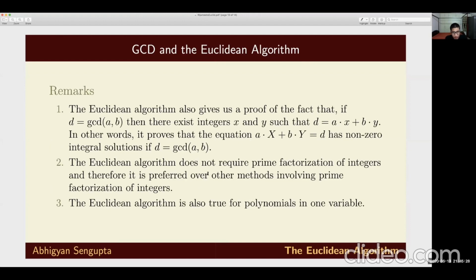The Euclidean algorithm also gives us a proof of the fact that if D is the GCD of A and B, then there exist integers x and y such that D is equal to A multiplied by x plus B multiplied by y.